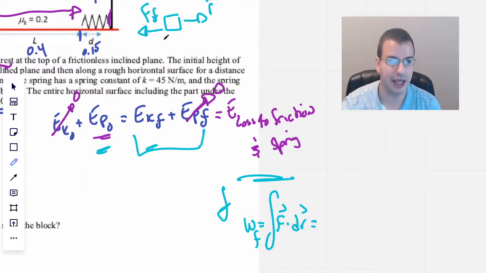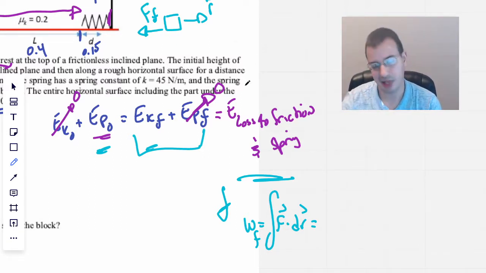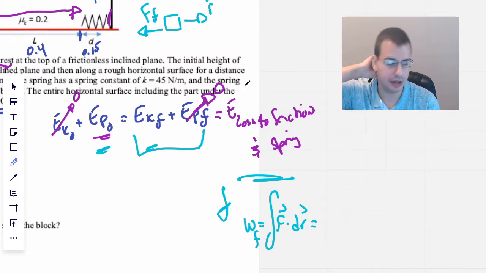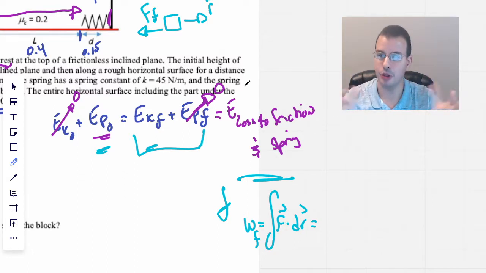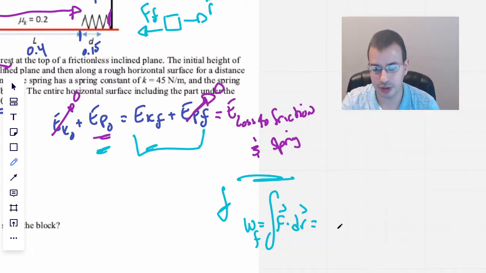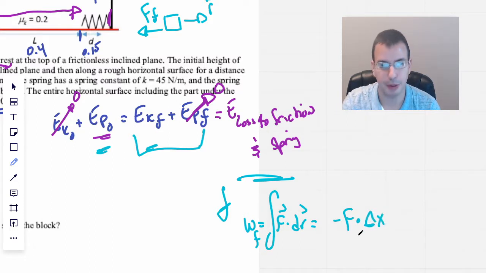So we're going to get some sort of negative number, and they're in line with each other. The cosine will be 180 or pi, which will give us -1. So this will be equal to negative f times distance traveled, in this case 0.55, L plus the compression, L plus D.